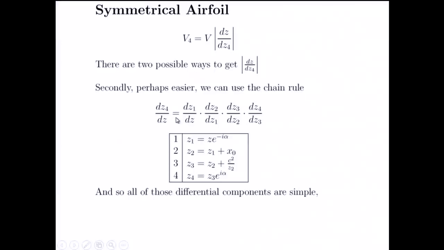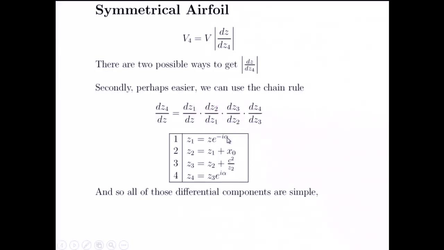There's another way you can do this, which is the chain rule. We can break this down into several parts. dz4/dz can be written as a chain like this. We can see that we can cancel dz1 from the numerator and denominator, and dz2 and dz3 can all cancel each other out, so it's just a sanity check that our breakdown makes sense.